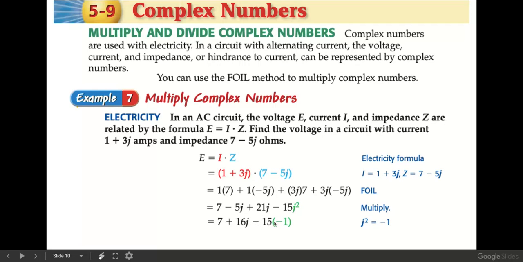I know that negative 15 times negative 1 is positive 15. And so then I would add that with 7, because I know 15 plus 7 is 22. And so that would be my answer here. I know that the voltage would need to be 22 plus 16i. So that would be my final answer.